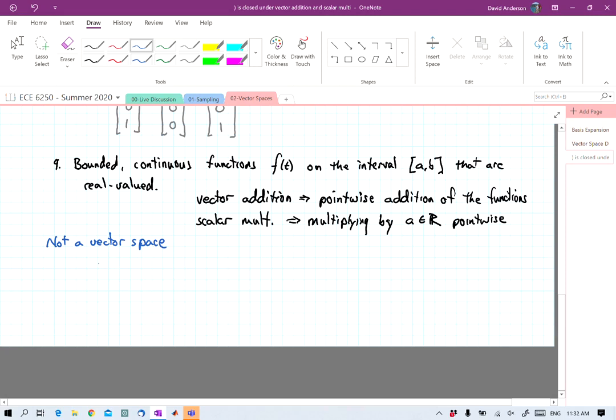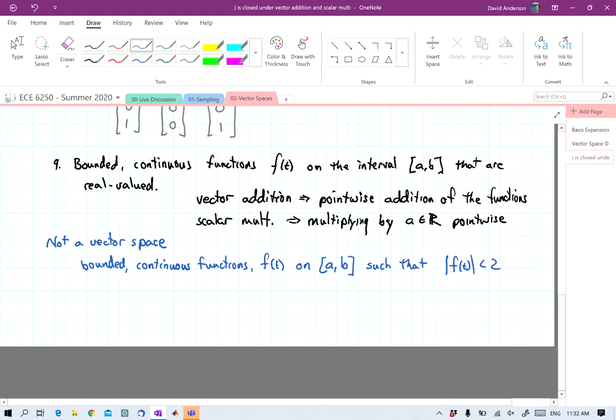And that is bounded continuous functions f of t on the interval AB such that the magnitude of f of t is always less than 2.